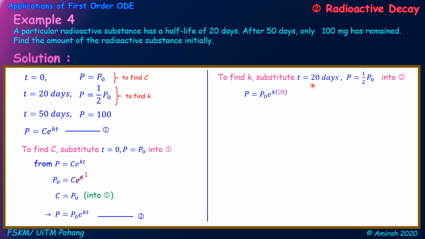We replace t with 20 and P with half P naught. Then we get e to the power of 20k. We can simplify P naught and P naught here, so we get half, which is 0.5, because the word used in this question is half-life.